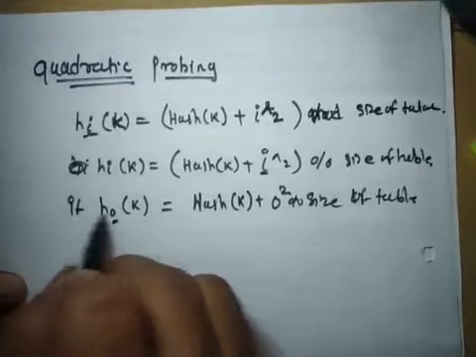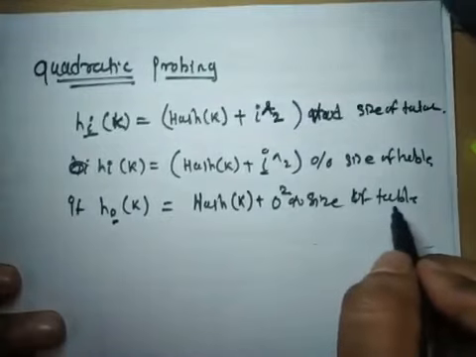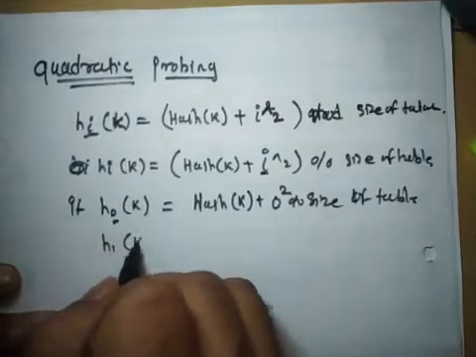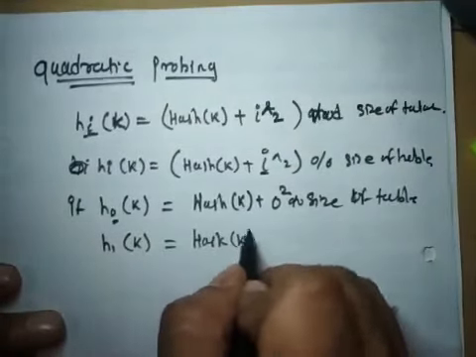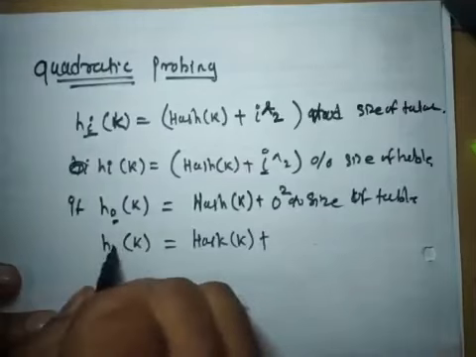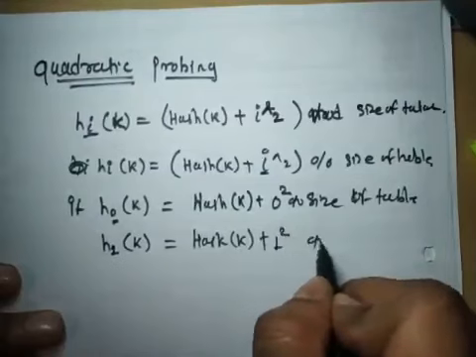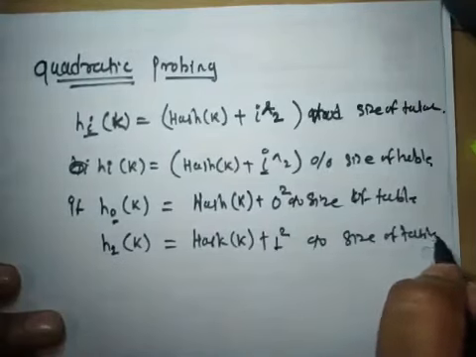Now if this slot is already filled with any element, then we are going for h of 1 for k, where hash for k plus 1 square, modulus of size of table.